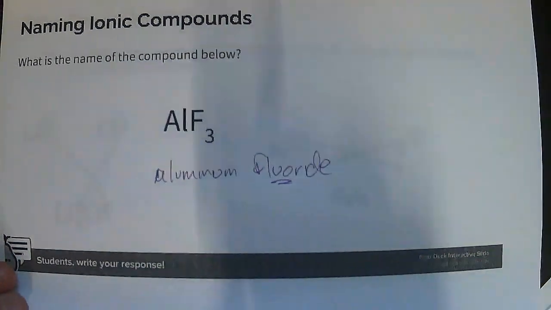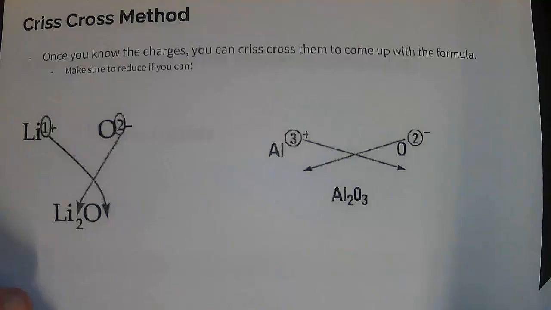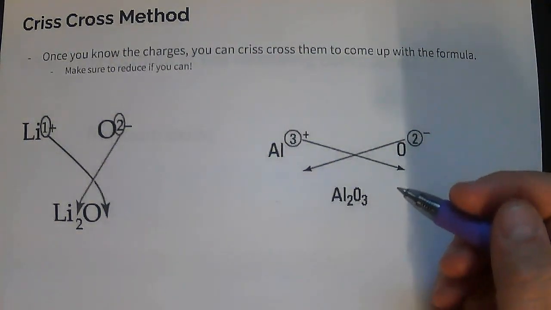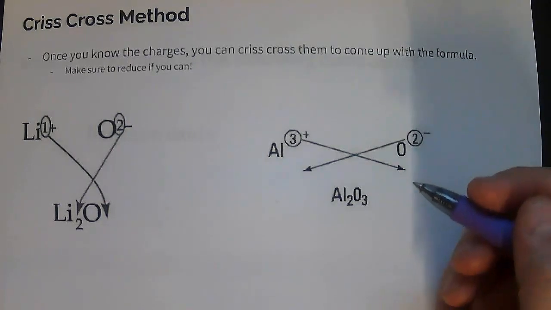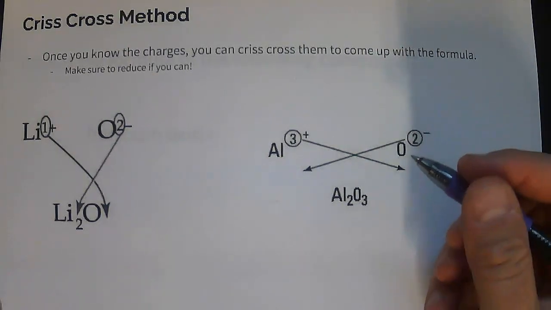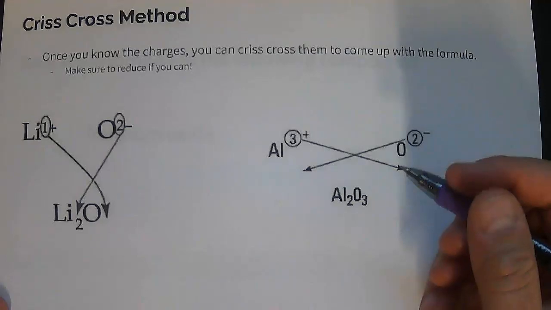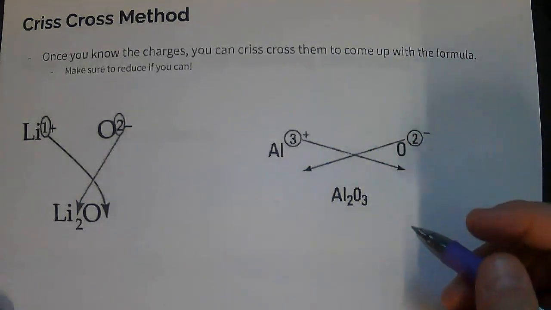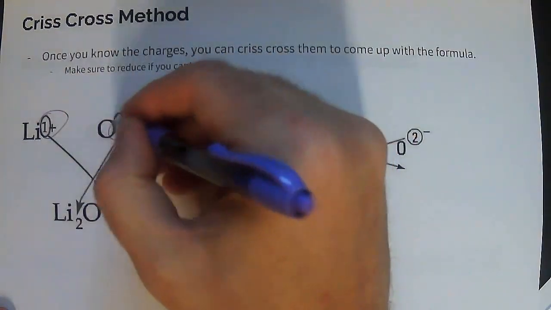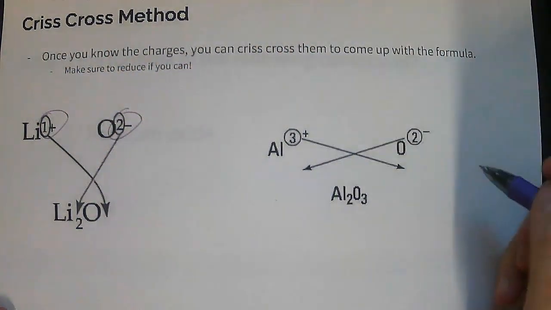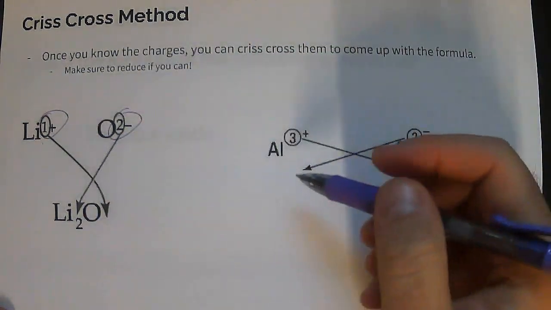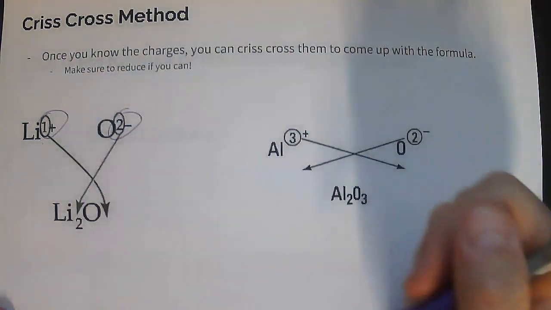Okay. Now, if you're going to try to make compounds, one of the things that I recommend is you use what we call the crisscross method. You may have picked up on this in the previous video. If we know the charge on the elements, we can use that charge to figure out how many of them there are.